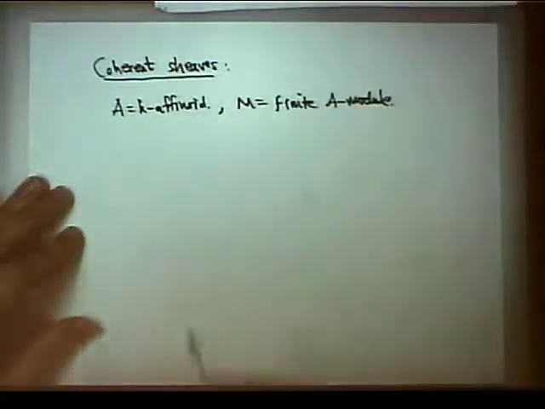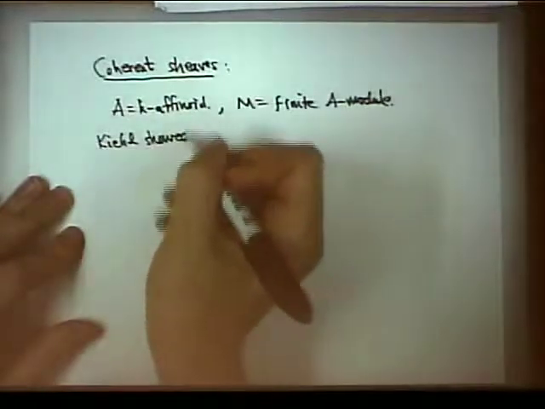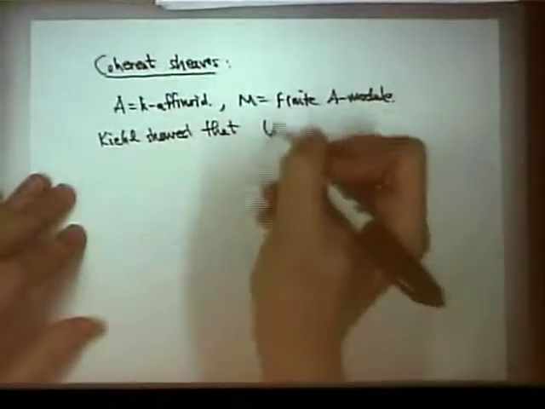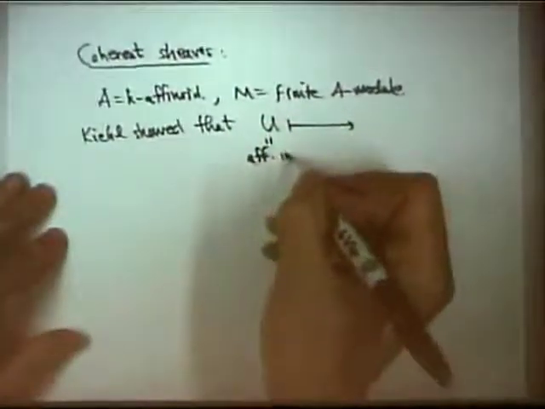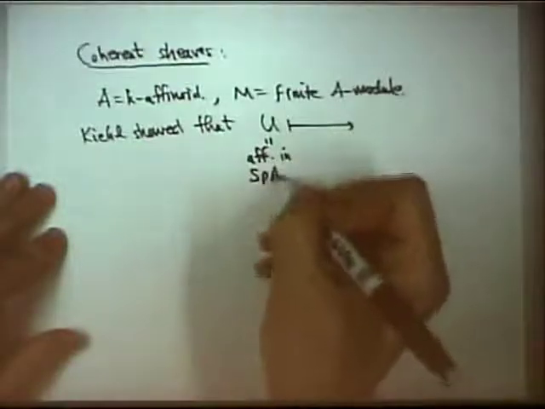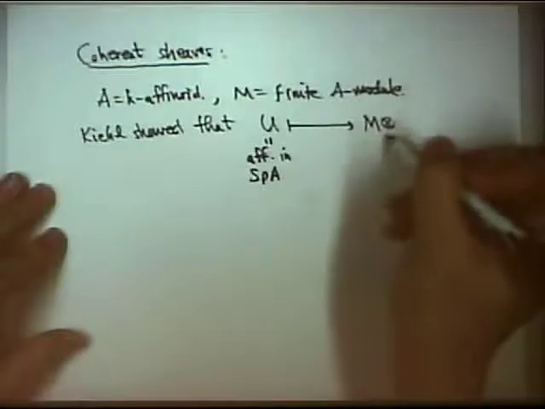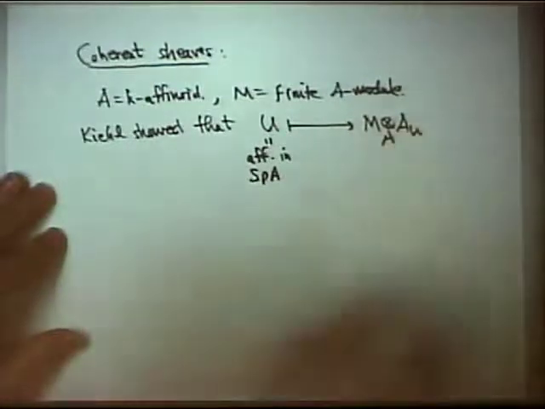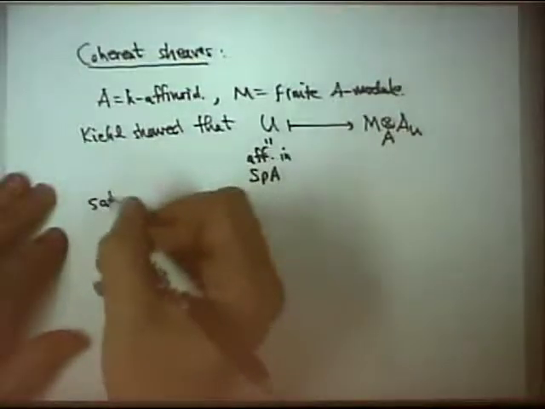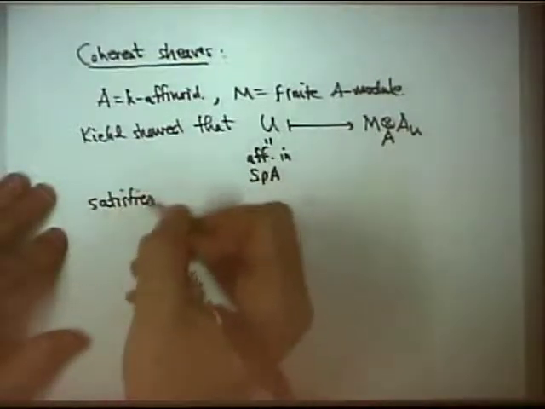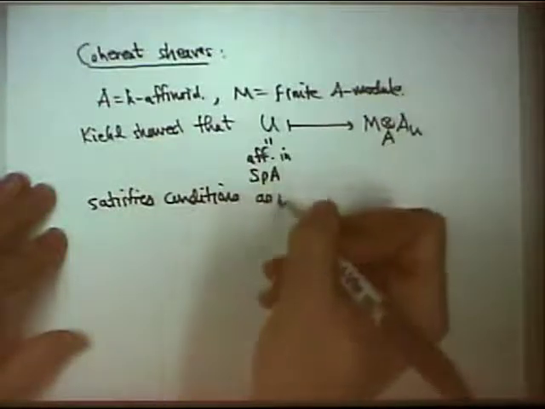And then the theorem of Kiel: Kiel showed that if to every affinoid subdomain U in the rigid space for A, you associate the module M tensor over A with A sub U, then this assignment satisfies conditions as in Tate's acyclicity theorem.